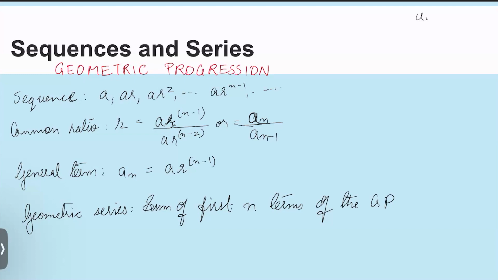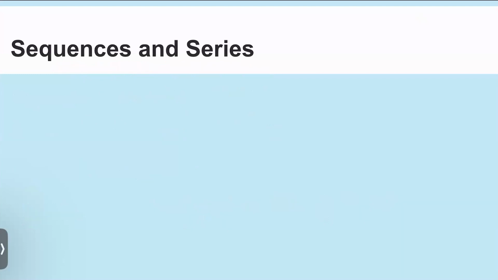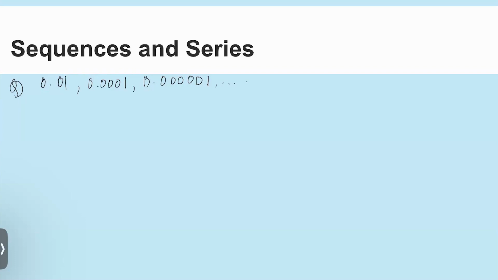Let's do some examples to understand the concept of geometric progression. So suppose you have 0.01, 0.0001, okay, and so on.